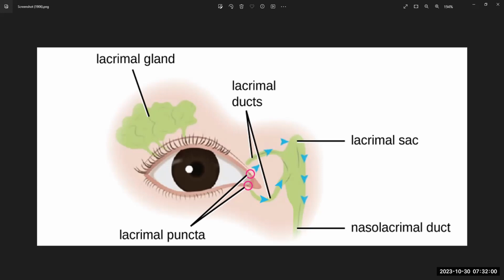Apart from this, the epithelial cells lining the upper parts of the respiratory tract are called ciliated epithelial cells. The word ciliated is used because these epithelial cells have hair-like structures or appendages known as the cilia.